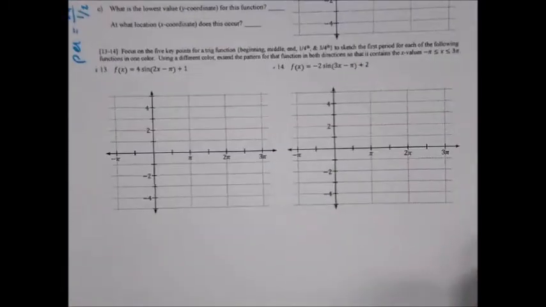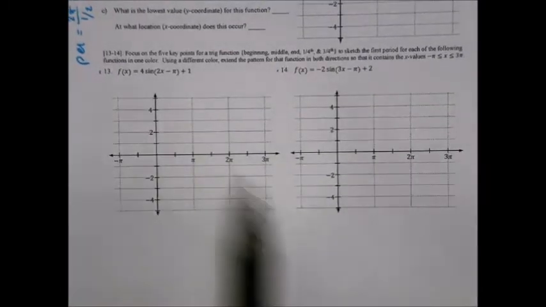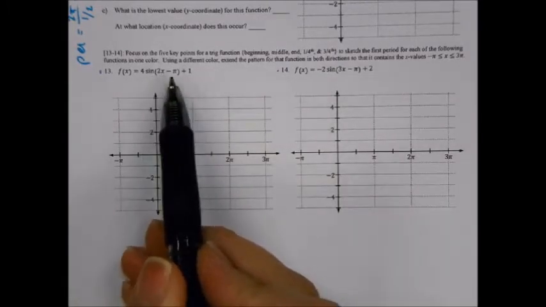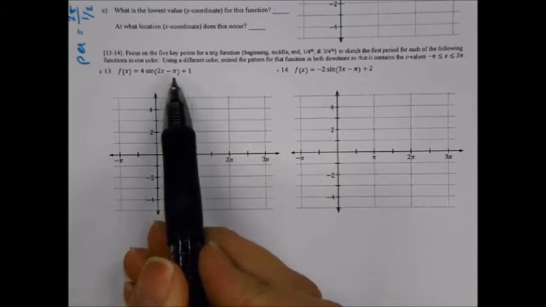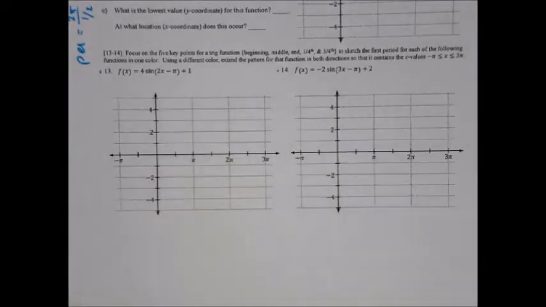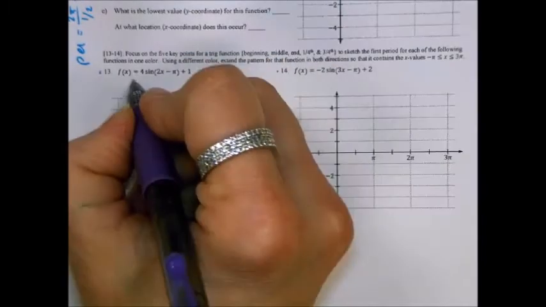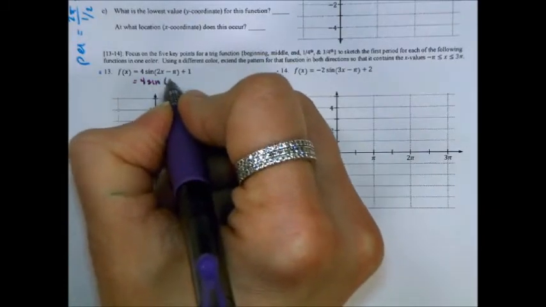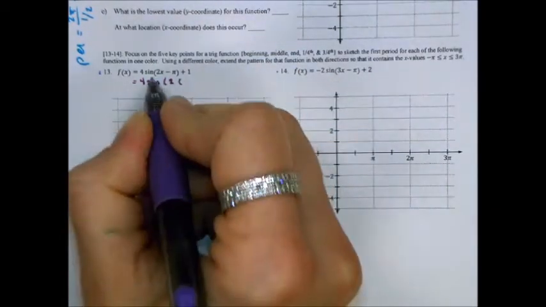Okay, so down here on problem number 13, one thing I might do first is go ahead and take that 2 out. If I don't, it might appear that the translation is pi units to the right. So I want to factor out this 2. All we're doing is factoring it out from the 2x minus pi.